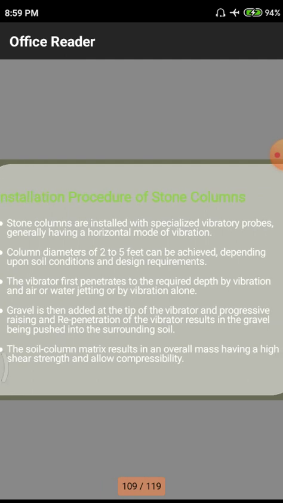The vibrator first penetrates to the required depth by vibration alone, or with air or water jetting. That means the probe gives some vibrations on the ground surface. Due to the vibrations, the soil loses its binding properties and we need to remove the soil at the vibratory level. After that we pour some water into the hole.